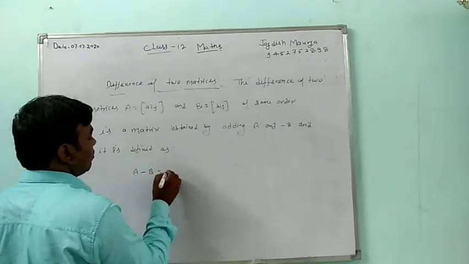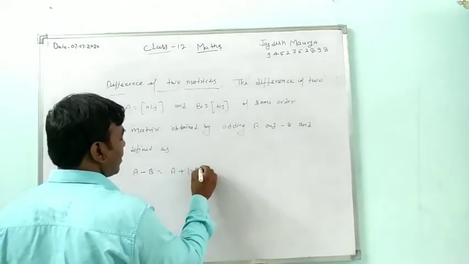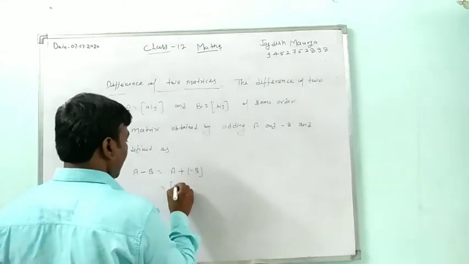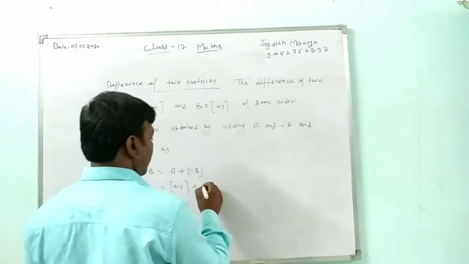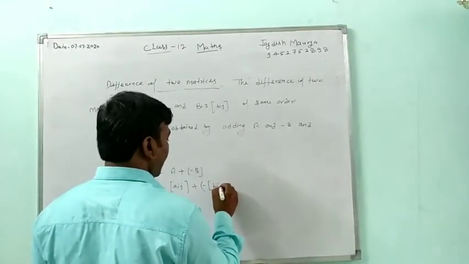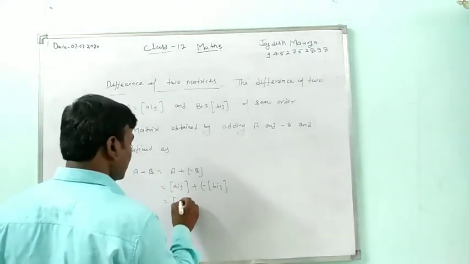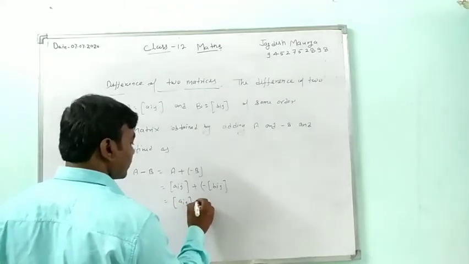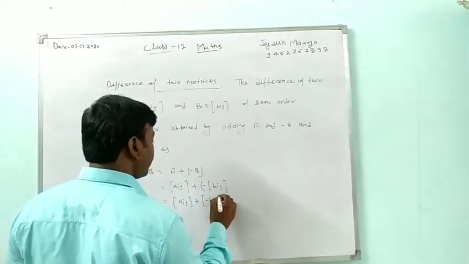A minus B equal to A plus minus of B. This means Aij plus minus of Bij, and this will come Aij plus minus Bij.